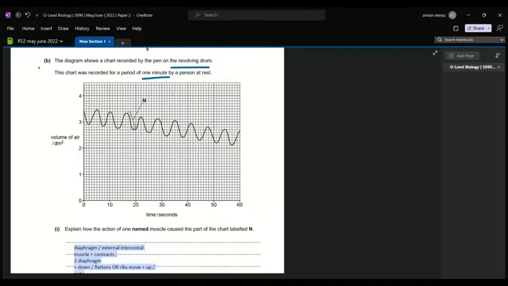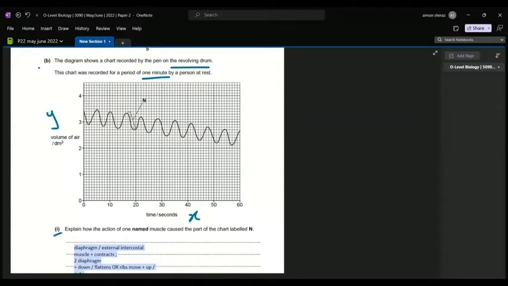At rest means he was not performing any activity. He was just normally breathing. He did not do any exercise, nothing. On the y axis, you have the volume of air, and on the x axis, you have time.